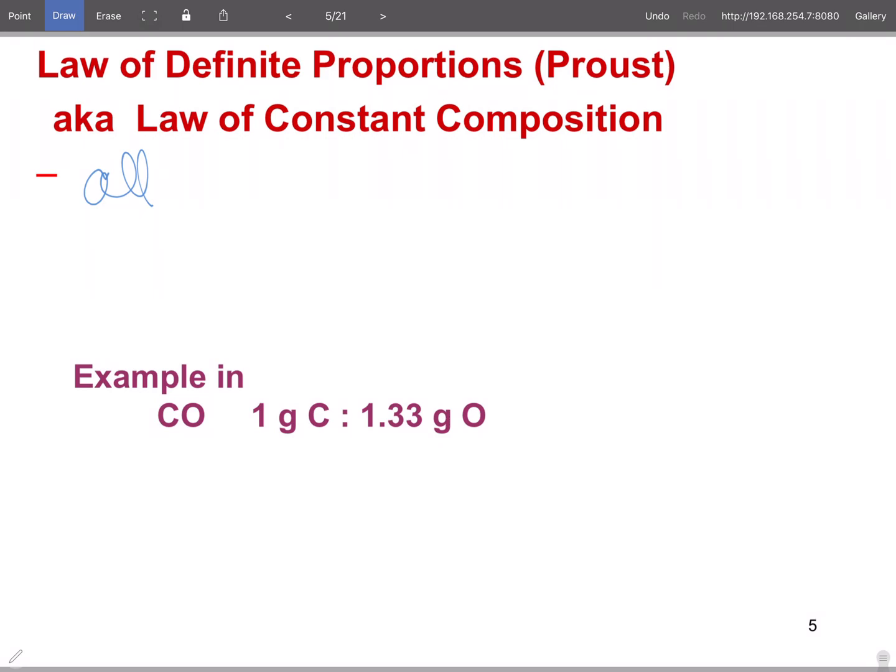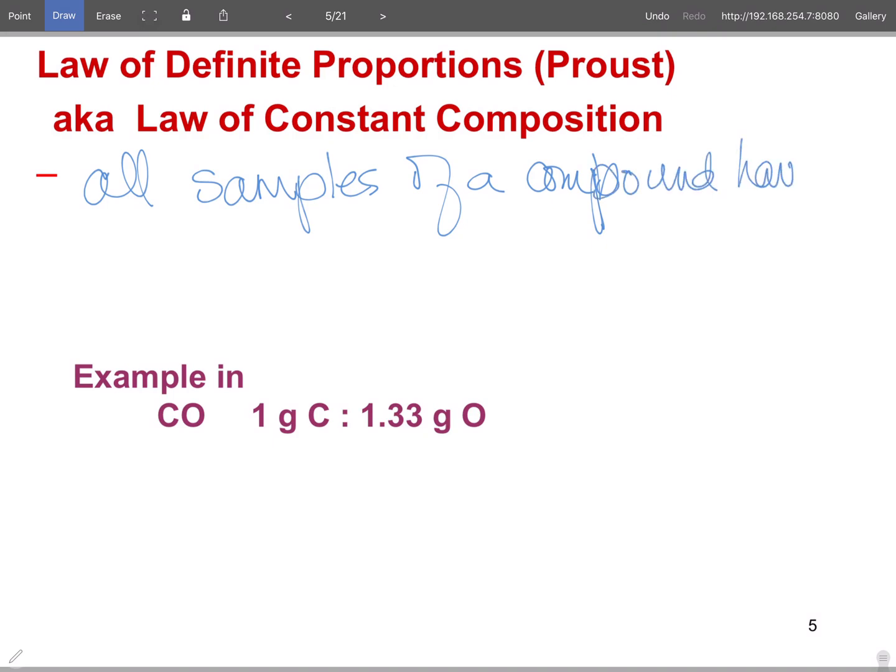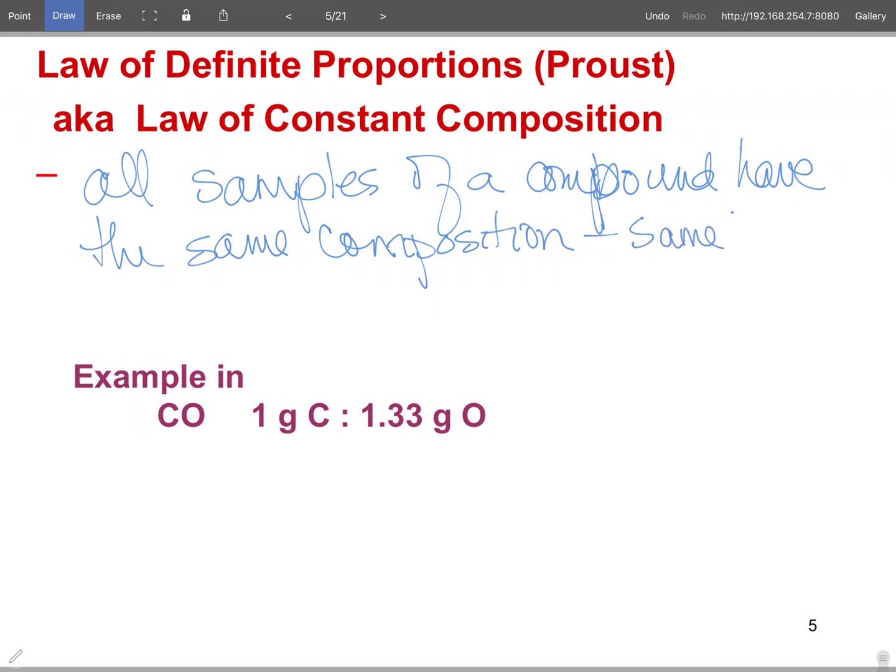That means that all samples of a compound, the same compound, must have the same composition. That means it must have the same number and type of elements.